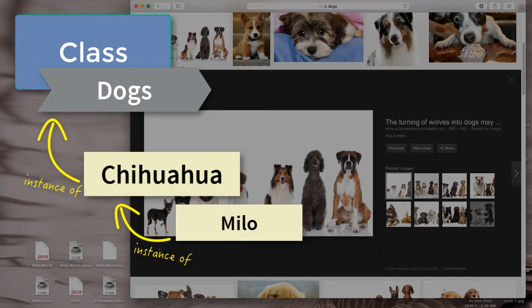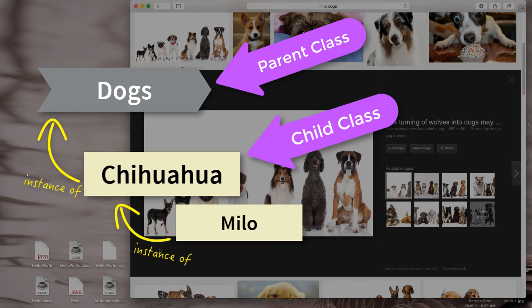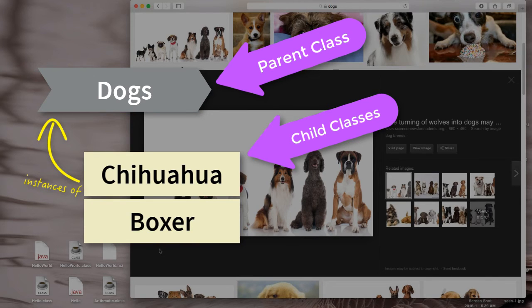So you can have a parent class like dog, and you can have a child class like Chihuahua, and then I could have Milo, which is an instance of the Chihuahua class. So in this example, Chihuahua would be a child class of the dog class, and dog class would be a parent class containing other classes underneath it, like a Chihuahua or a Boxer or a Beagle or a Collie, etc.